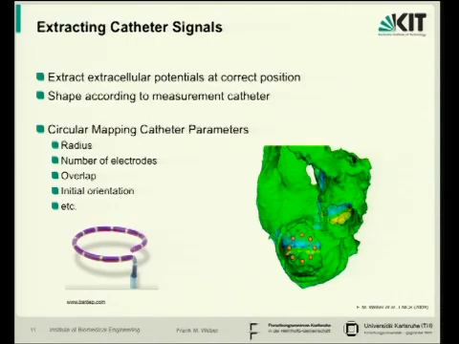So when you think about these circular mapping catheters, we created a tool where you can adjust the radius of the catheter, the number of electrodes, maybe some overlap, and you will get a catheter in your model. This is the right atrium through the tricuspid valve here.